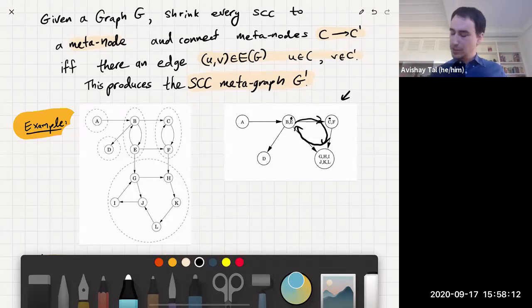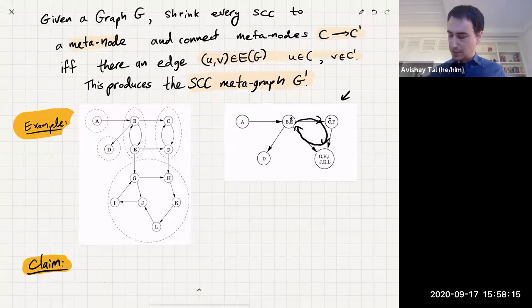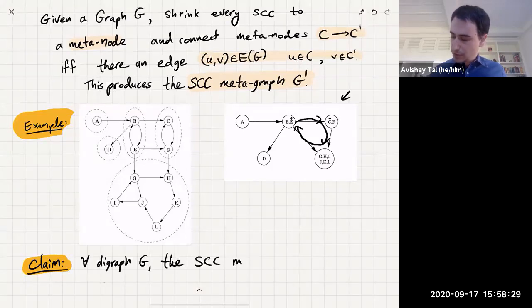This would be a contradiction, therefore there are no cycles. So the claim is, for every digraph G, when I build this metagraph, the strongly connected component metagraph, let's call it G prime, then G prime is always a directed acyclic graph.